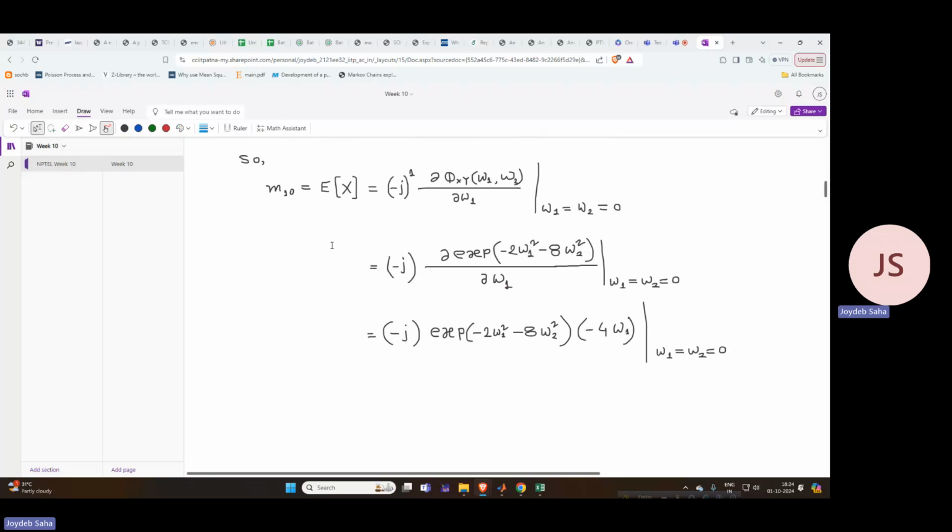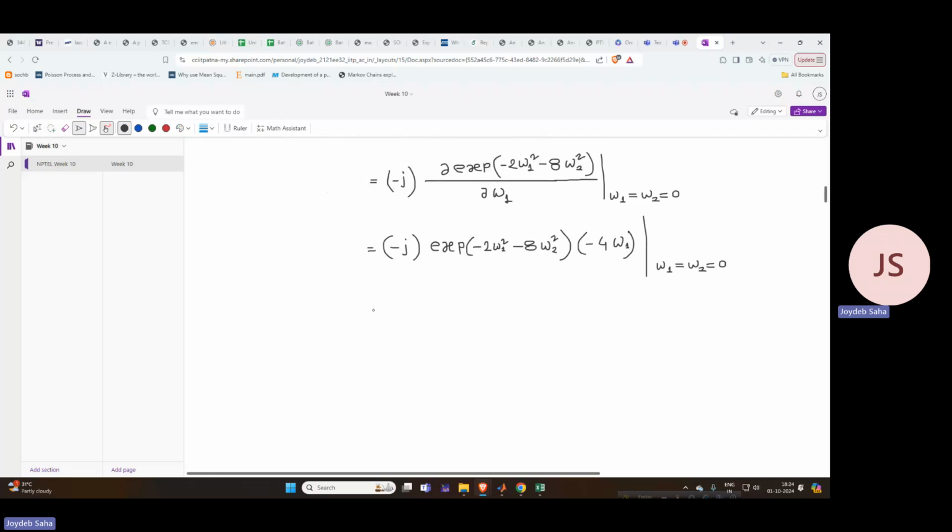If we put omega 1 equal to omega 2 equal to 0, then we will get minus j times exponential of minus 0 minus 4 multiplied with 0, which is equal to 0, right?